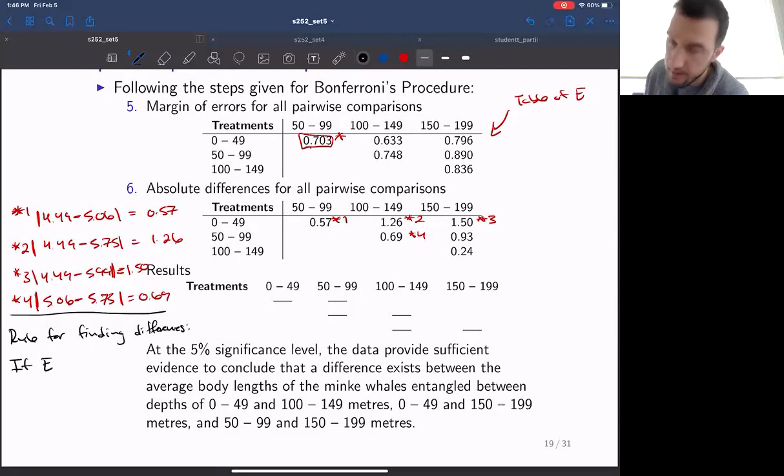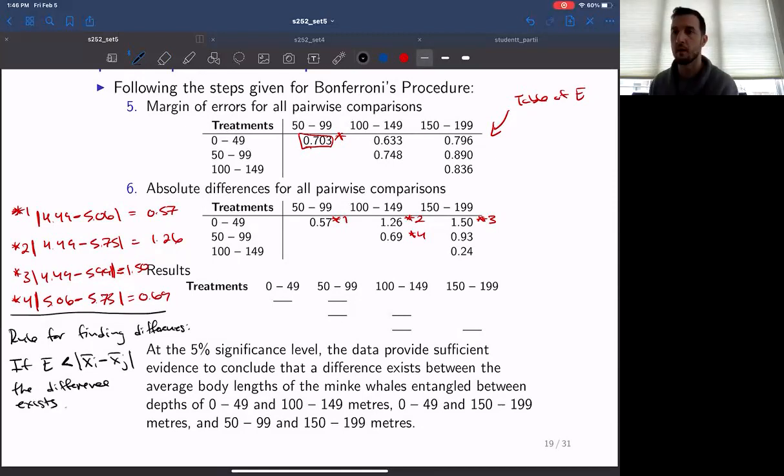If E is less than the absolute value of x bar i minus x bar j, then a difference exists. So basically all we have to do now is compare the absolute difference to the margin of error.